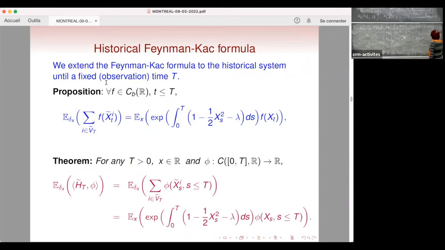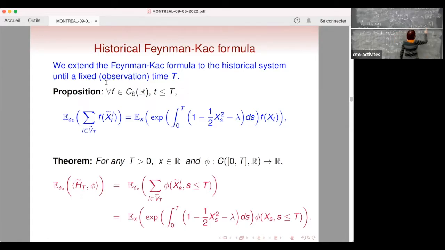we use the Markov property. Remember, something I would like to write somewhere, perhaps here: m capital T minus t of f at x t is exactly the expectation from x t of the exponential from 0 to capital T minus t of h of x s ds.